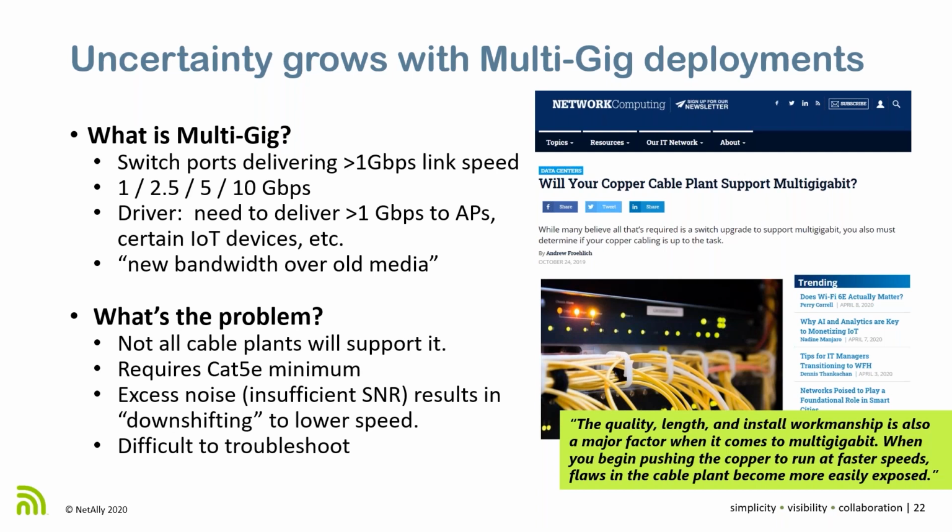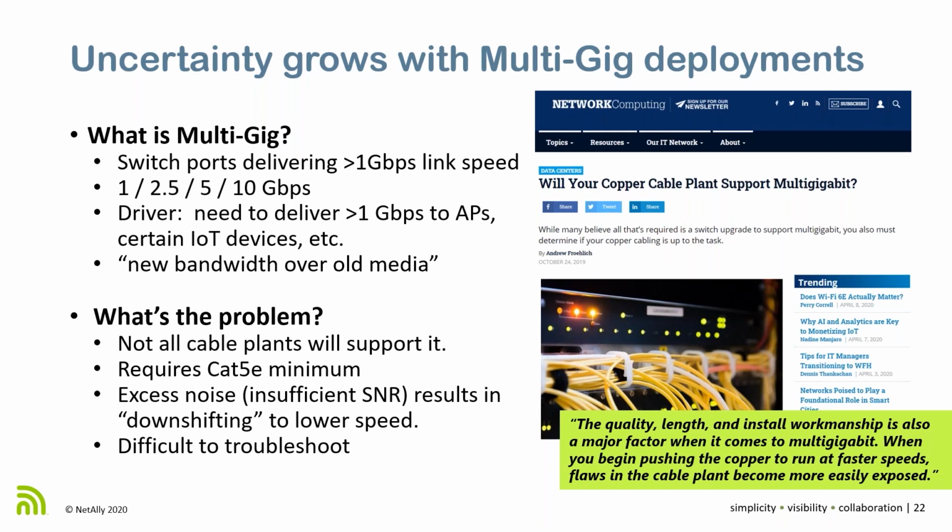So either downshifting to lower speeds or bouncing links, it's difficult to troubleshoot. And I referenced this Network Computing article you can take a look at, which does a really good job of summarizing the technology and the requirements to be able to support multi-gig.